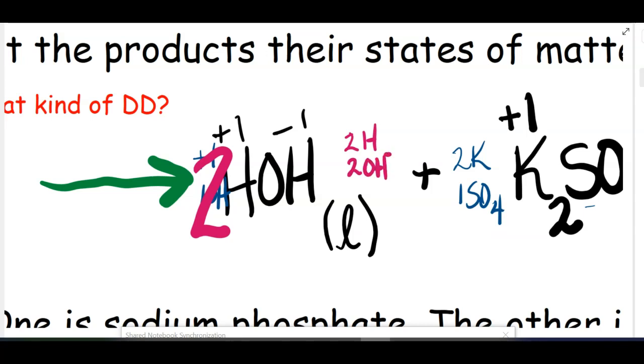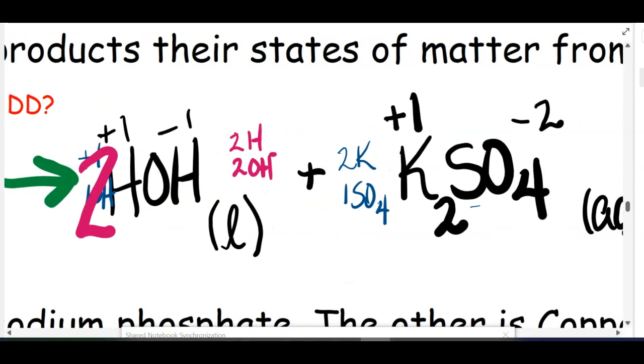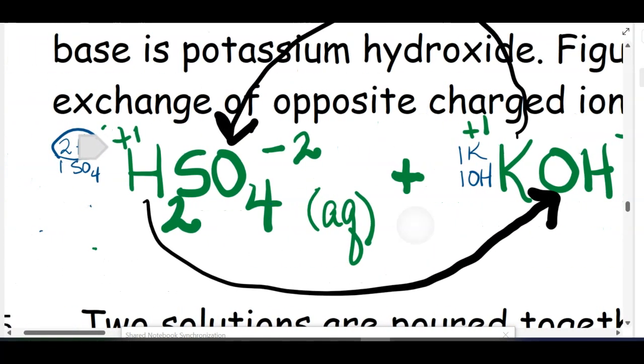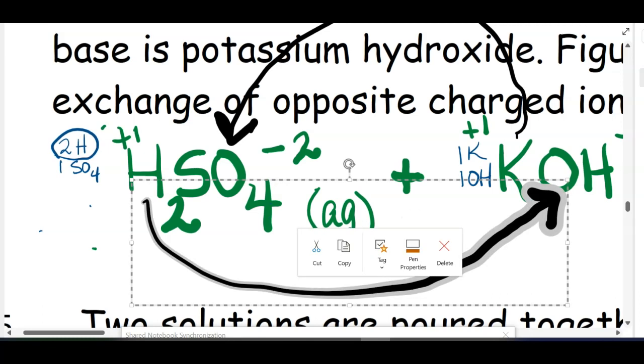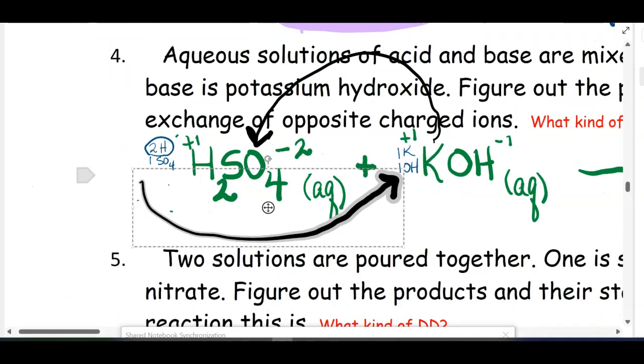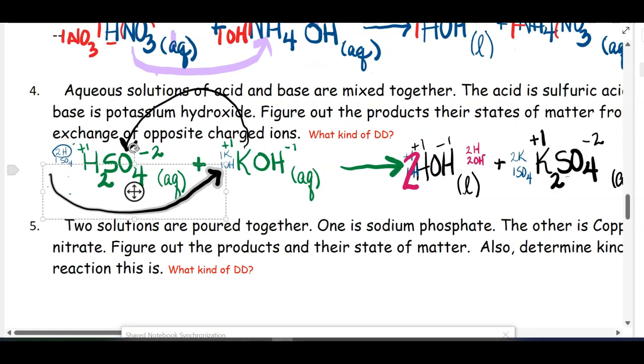All right? All right, we already have two potassiums and one sulfate over here. Two hydrogens and one sulfate. Whoops. Let me see. Are we okay? Let's put them together.